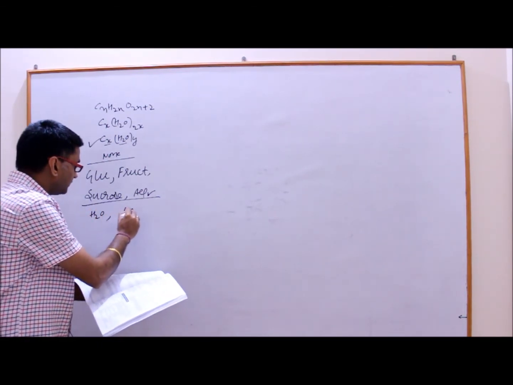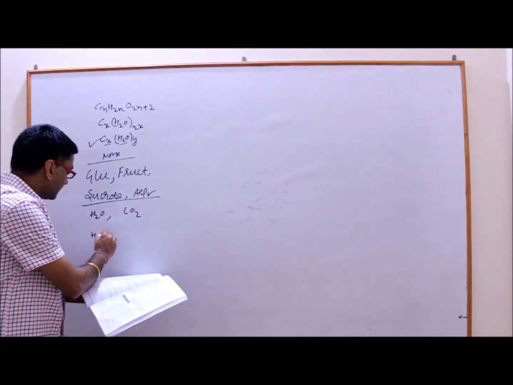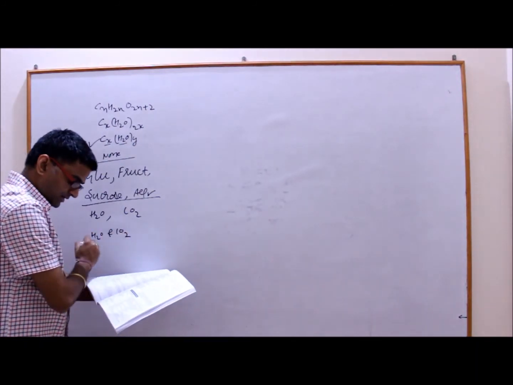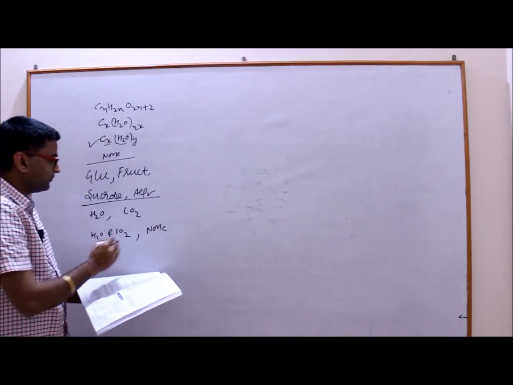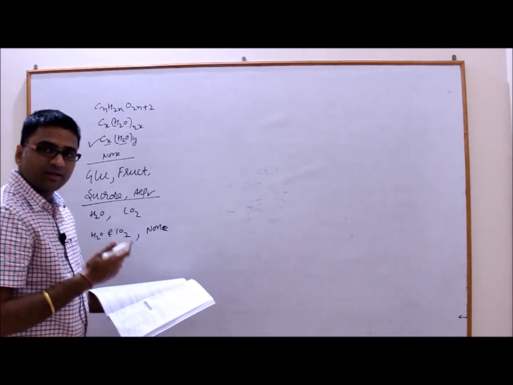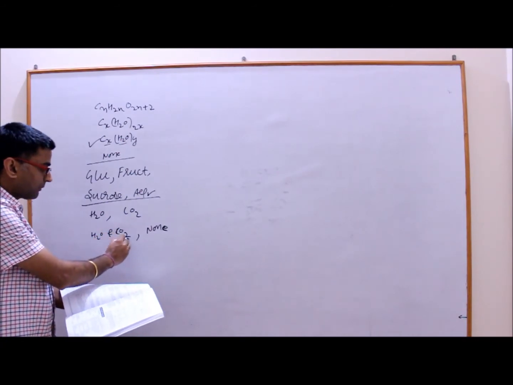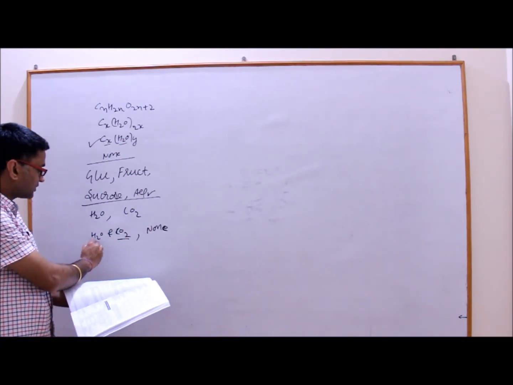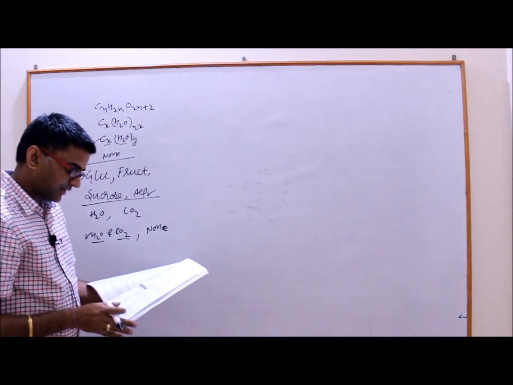Options are water alone, carbon dioxide alone, water and carbon dioxide, and none. If we do continuous oxidation of any carbohydrates or biomolecules, carbon will always be converted into carbon dioxide and hydrogen will always convert into water. So the answer would be water and carbon dioxide.